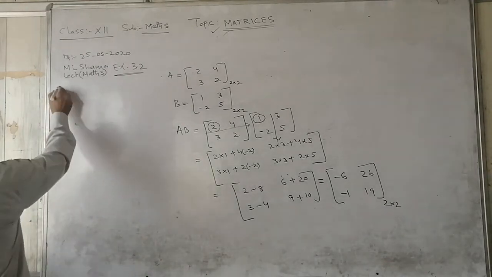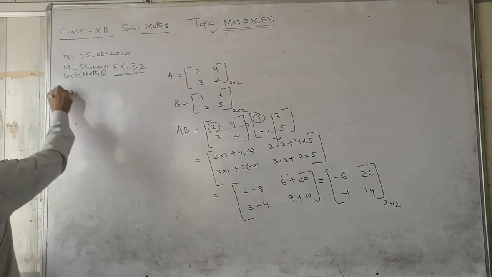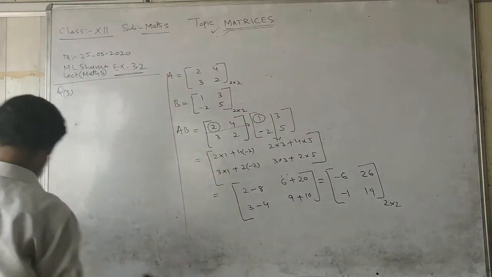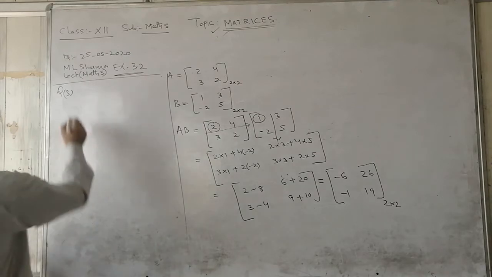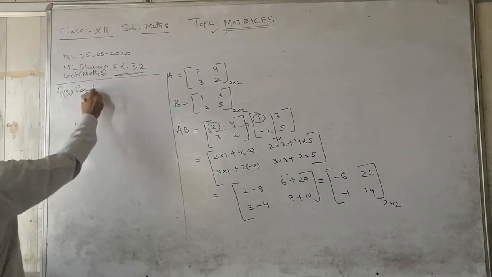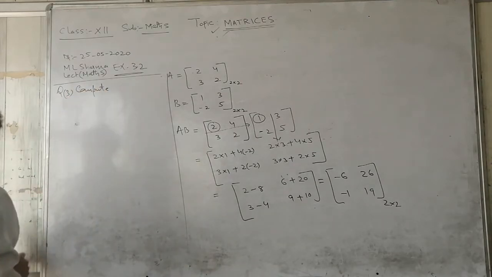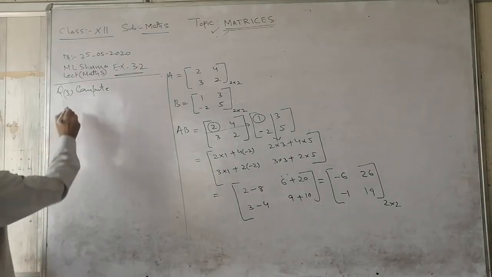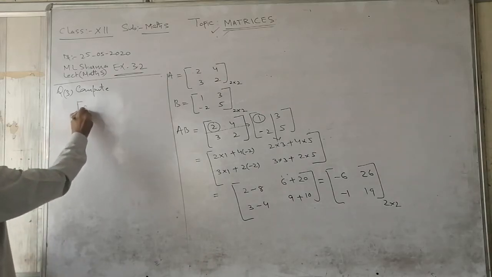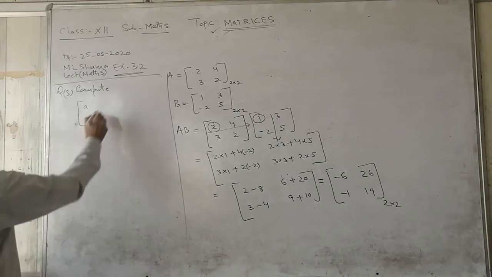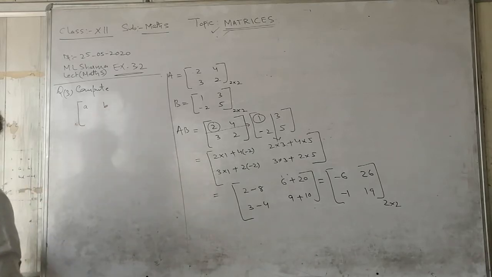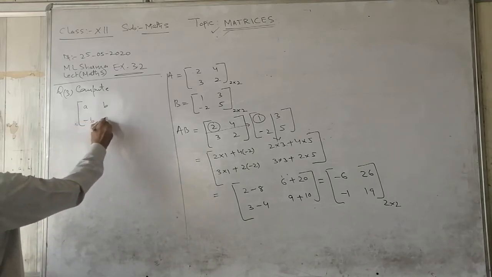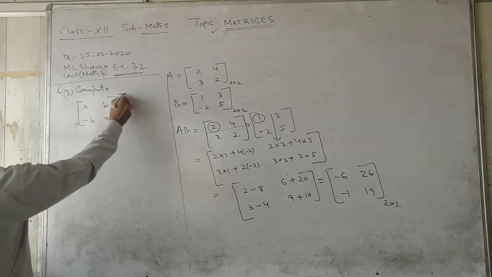It is question number 3. Compute the first part. It is a matrix given as A, B, minus B, A. This is the first matrix.